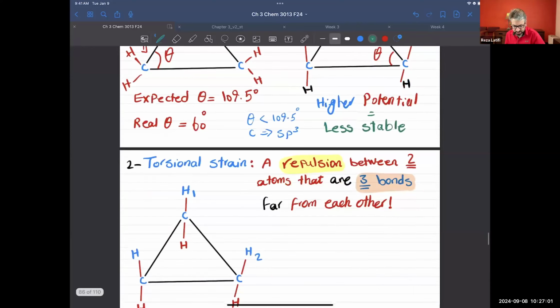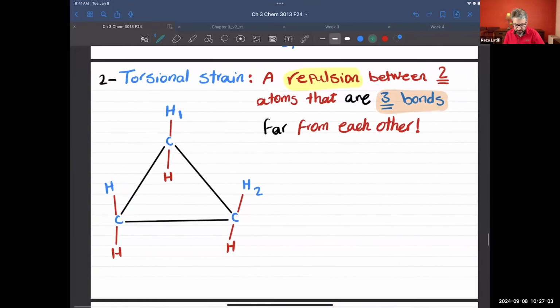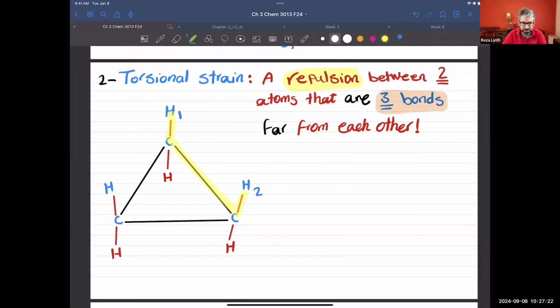Okay, the next fact that we're going to talk about we call torsional strain. In order to get torsional strain, you need to have 2 atoms that are 3 bonds far from each other. So I'm going to say here, I have bond number 1 here, 2 bonds, and 3 bonds.